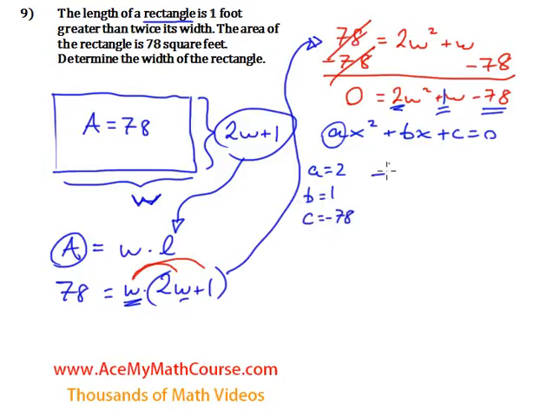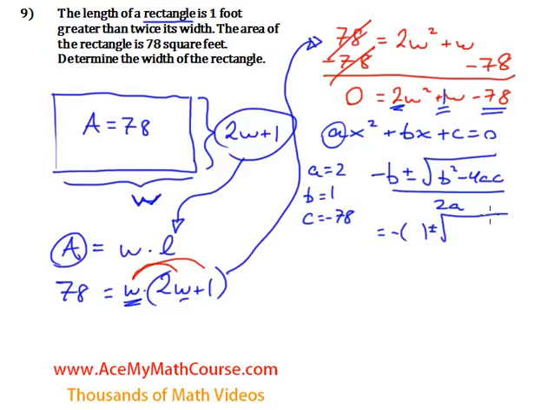And here's the quadratic formula, of course. So we have negative B plus or minus the square root of B squared minus 4AC, all over 2A. Didn't give myself too much room, but that's okay.